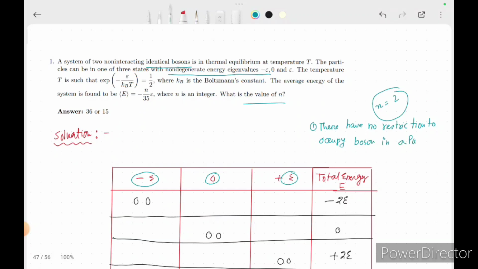Property number 2: bosons are identical.